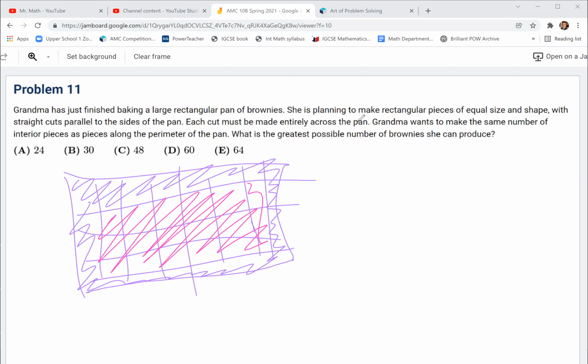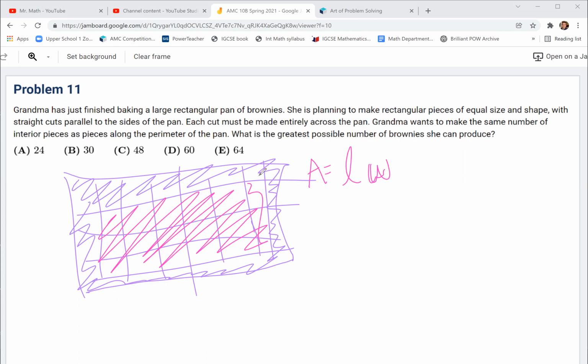So what I did was call the number of columns L for length, and the number of rows W for width. The answer we're trying to find is the area, length times width.